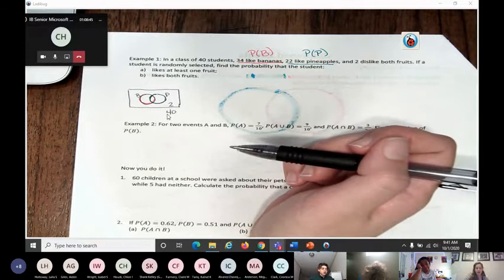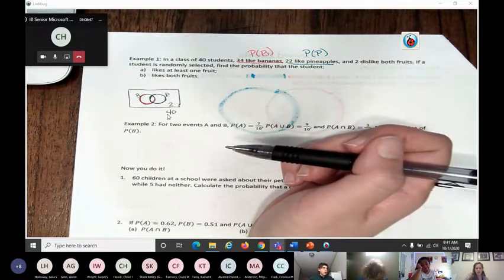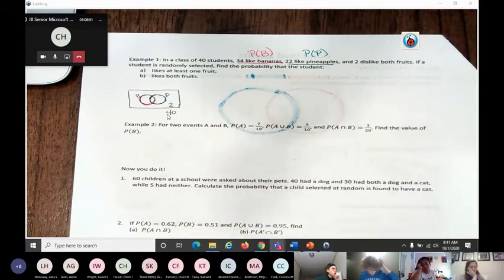All right, so it says how many people like at least one fruit? How do you guys think we're going to represent that? So liking at least one fruit means we could just like bananas, we could just like pineapples, or we could like both.